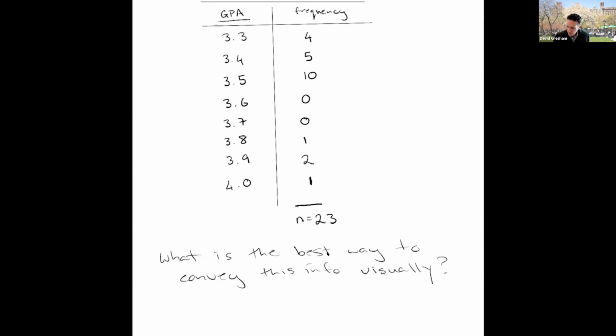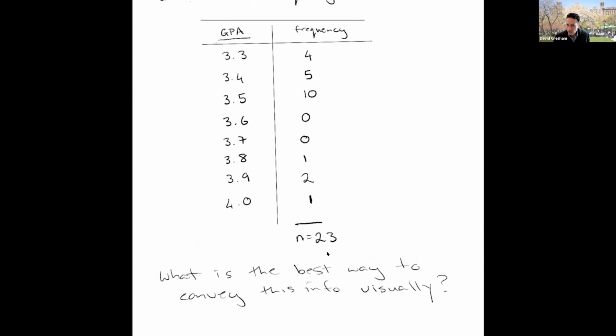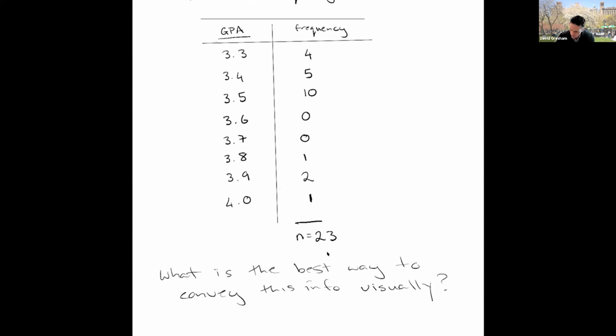So often, the human mind likes to see pictures rather than tables. So we look at this table and we form maybe in our mind a picture of what these data look like. But it's much better when we're presenting information to be able to convey that in a visual way.